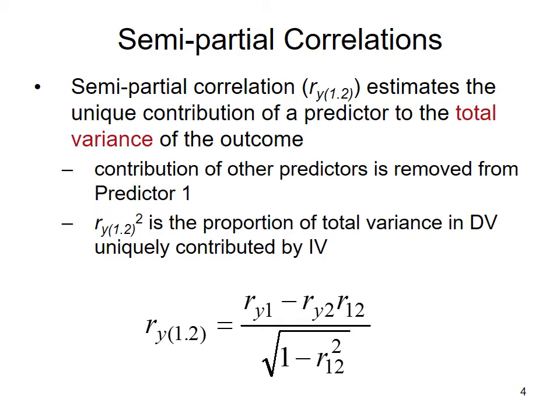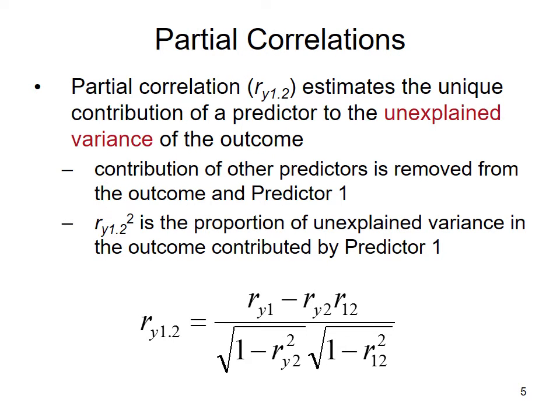This is often referred to as R of Y predictor 1.2 squared, the proportionate total variance in the DV uniquely contributed by the IV. And you can get the R squares of each of these proportional variables by going through SPSS readouts if you wanted to calculate this.